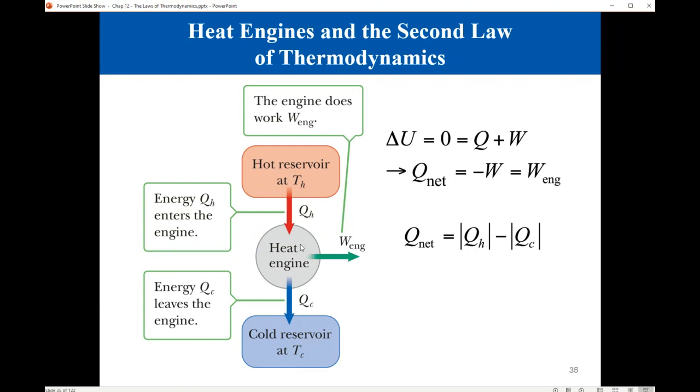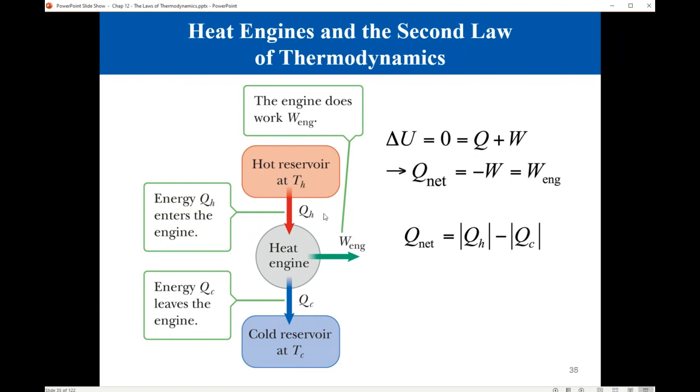The change in the internal energy for this cyclic process is 0. Therefore, Q equals minus W. And the Q here is the net difference between QH and QC. We are interested in the net heat energy. This is the one that is related to the work done by the engine.